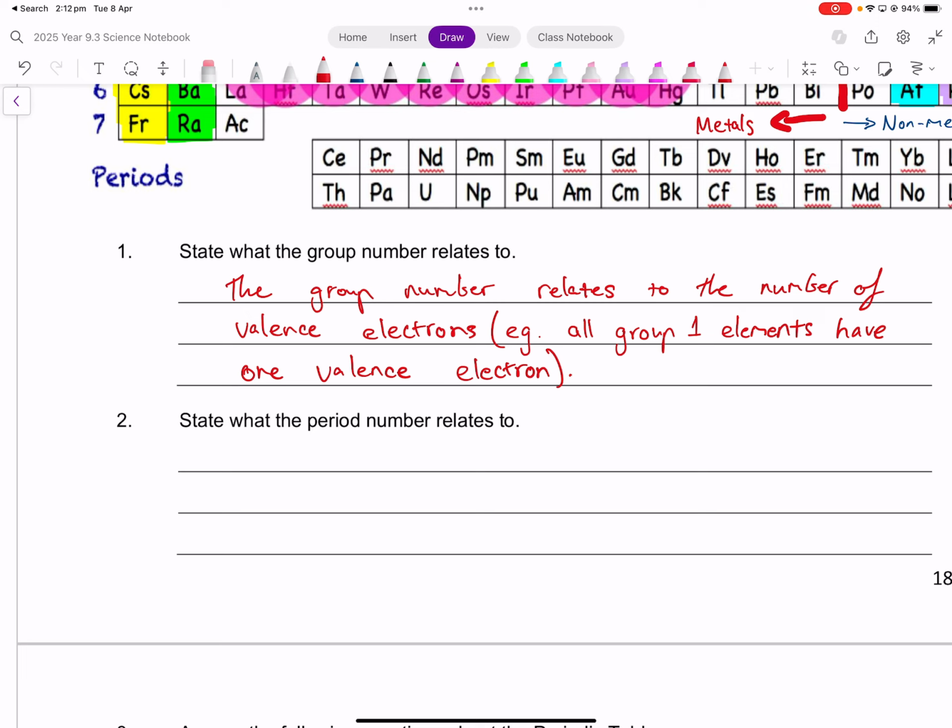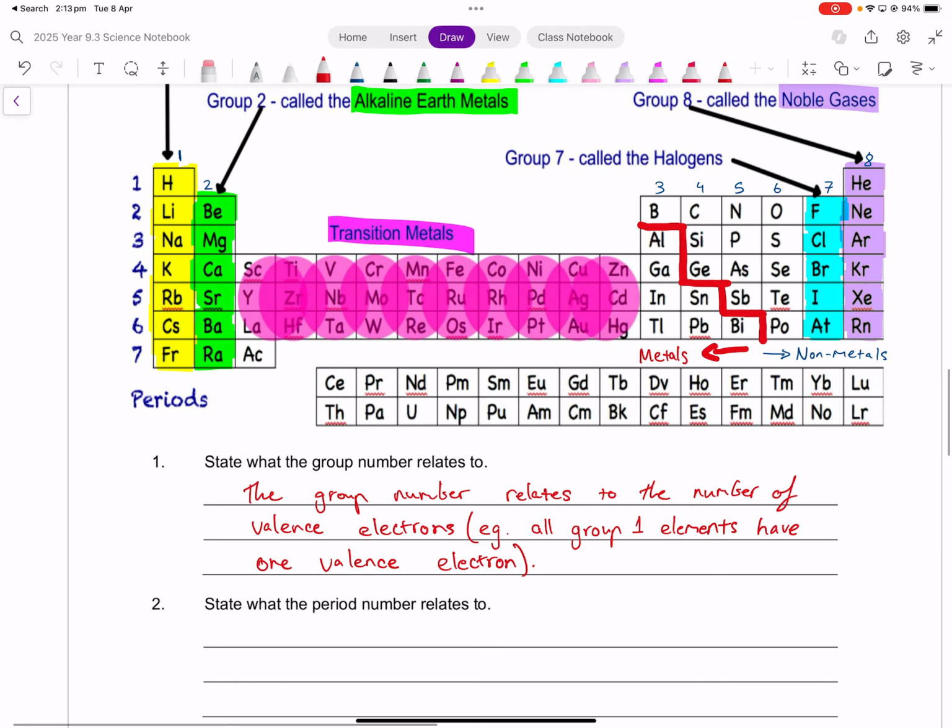So the only real one that has 2 is this first shell, okay, with hydrogen and helium. The reason that the fourth shell only has 2 is because we stop at calcium, right? We stop at the 20th element.